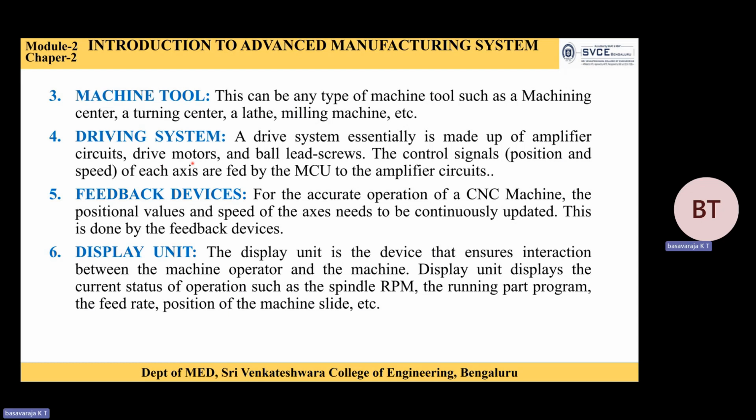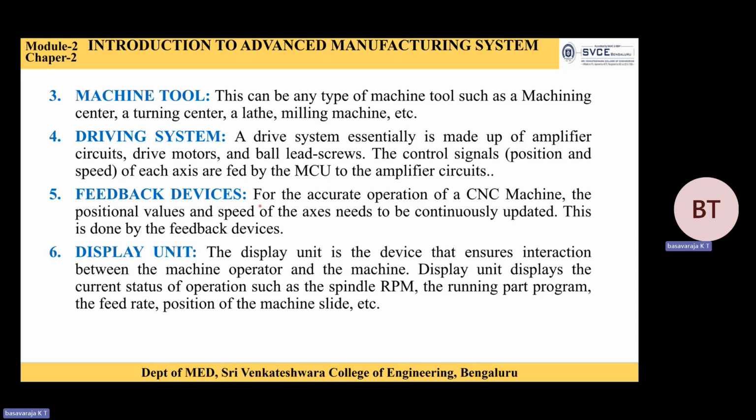If it is an electrically driven system, a combination of mechanical and electrical driving system, driving motors or servo motors are used. Servo motors can also be used. And ball and lead screw. Ball and lead screw system is also available in the CNC machine for the execution of a particular task.